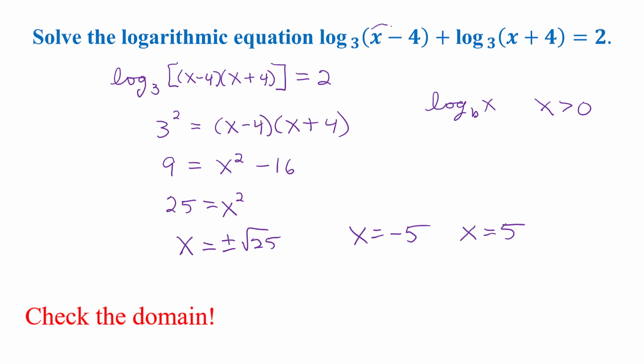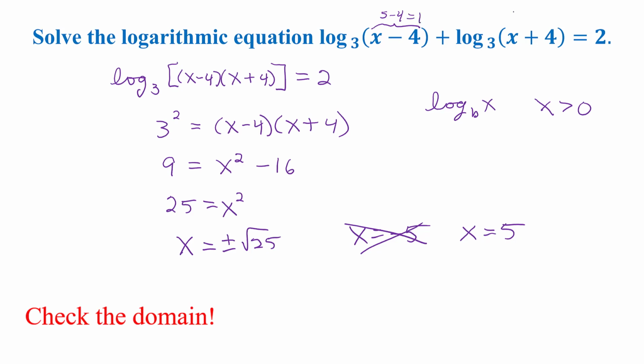So let's look at, first of all, this x minus 4. If I plug in -5, that would mean I would be taking the log of -9. That can't be done. Whatever I put into my logarithmic expression has to be greater than 0. What about 5? Well, 5 minus 4 here would be positive. 5 minus 4 would be equal to 1, so we're okay there.